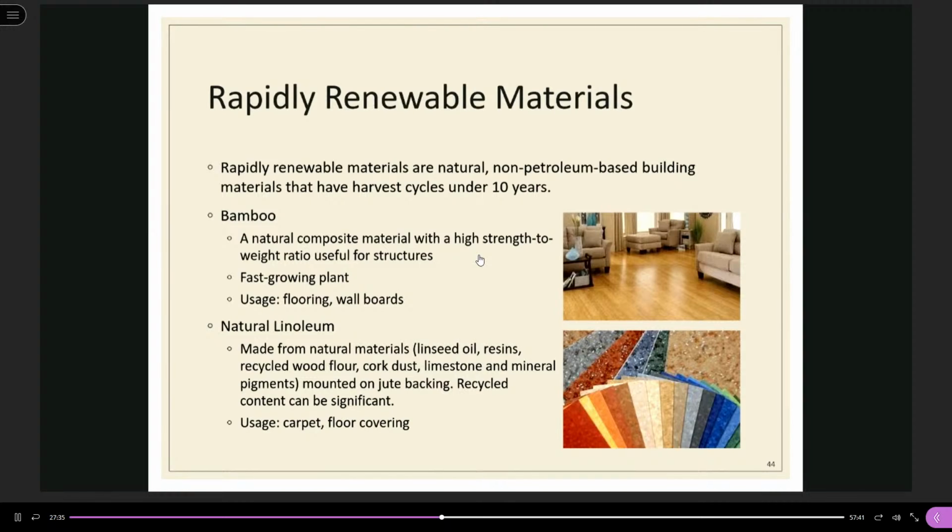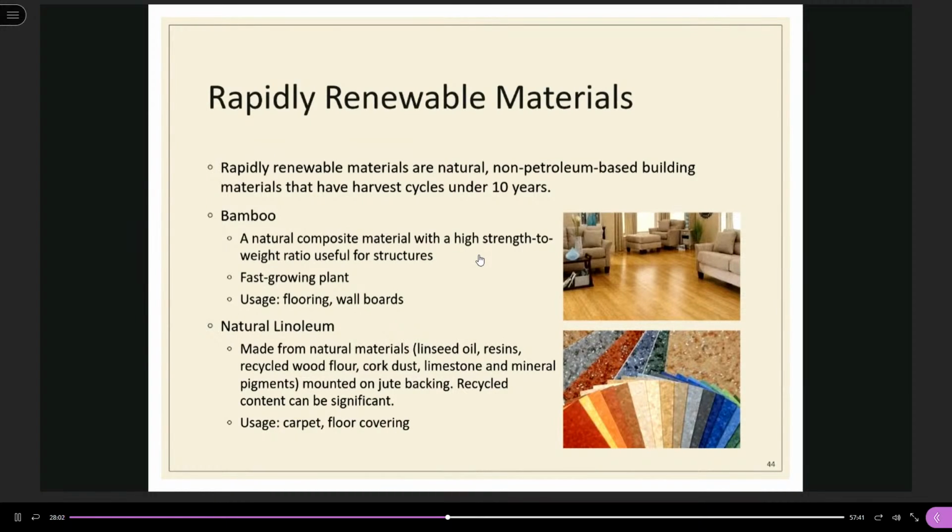Bamboo is a natural composite material with high strength to weight ratio, and it is useful for the structures. It is a fast-growing plant. So some kind of bamboos can grow really fast, maybe over a night, it can grow several centimeters. We may use bamboos for flooring, for wood boards, or for furnitures.